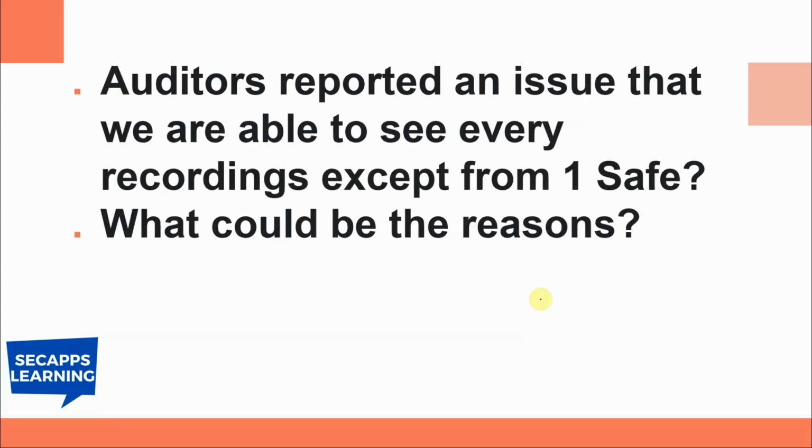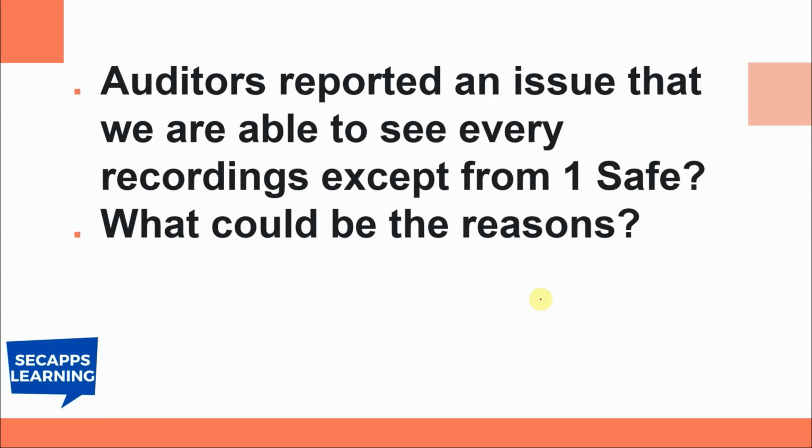Auditors reported an issue that they are able to see every recording except from one safe. What could be the reasons? Tell me one thing, guys. How is the auditor able to see other safe recordings? Because the auditor is already a part of the safe group by default, predefined. Correct.